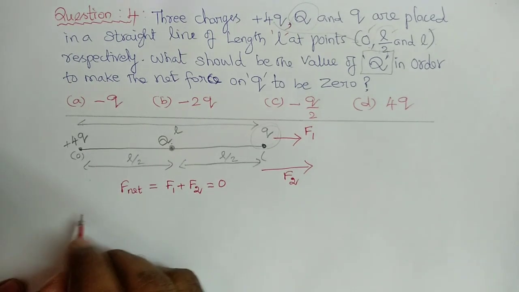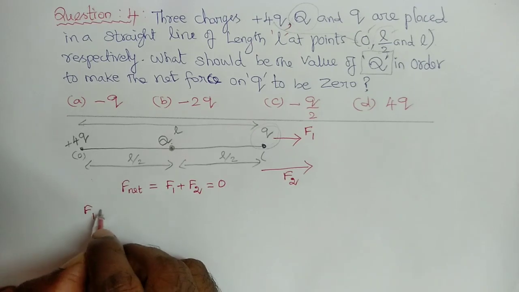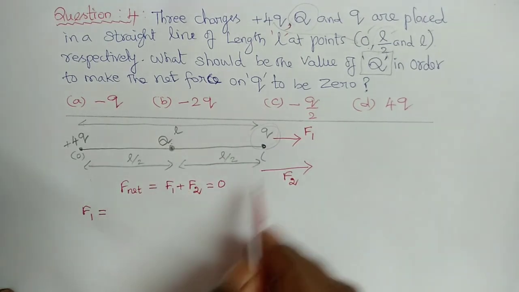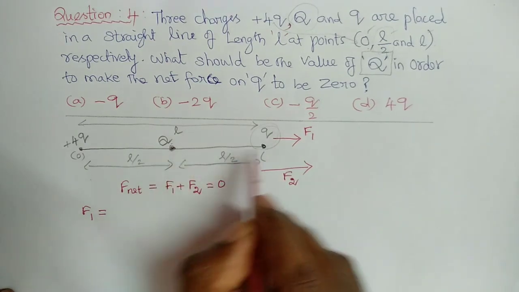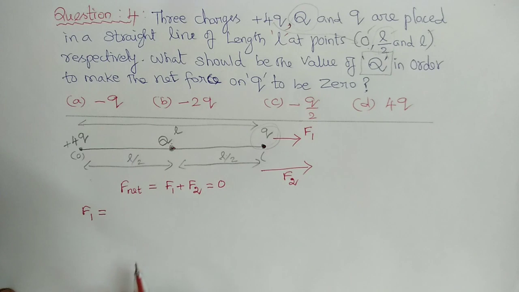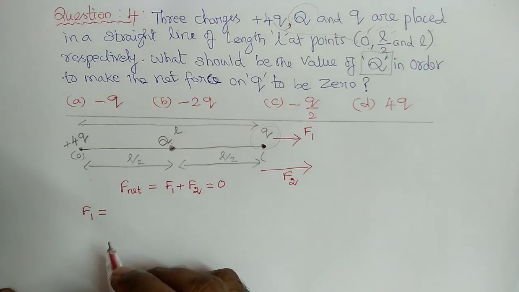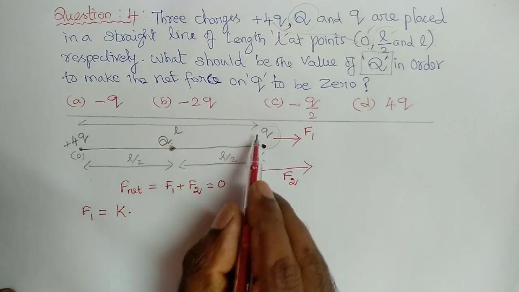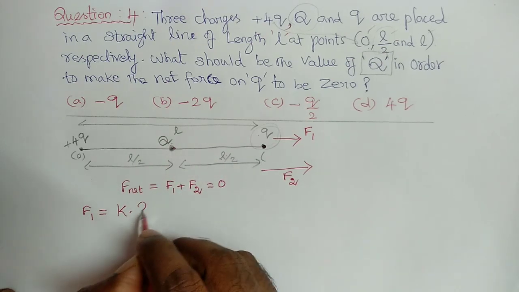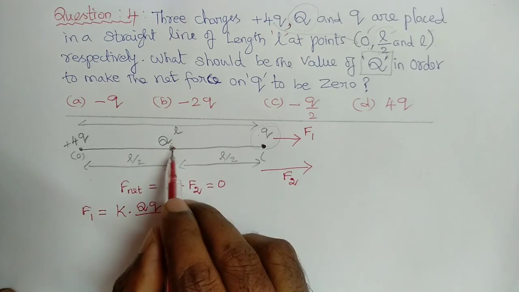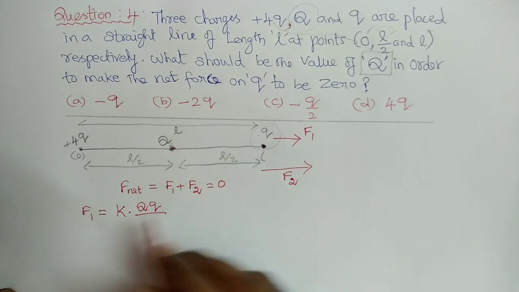First we will write F1, the force experienced by small q due to capital Q, which is situated at a distance of L by 2. According to Coulomb's law, we write K Q1 Q2, so capital Q, small q, divided by R square, where R is equal to L by 2.